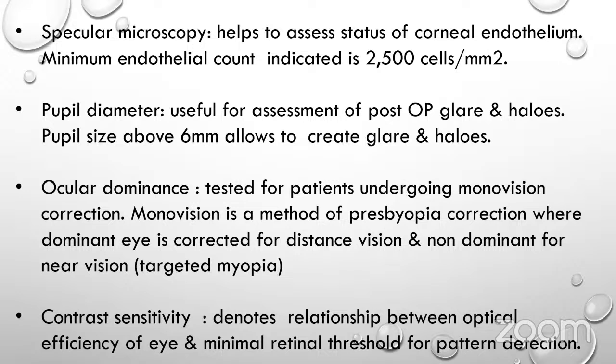Ocular dominance is tested for patients undergoing monovision correction. How do you measure the pupil diameter? Sir, it can be measured manually. Manually, how? On the slit lamp, sir, we can set it. How can you measure scotopic pupil size on the slit lamp?